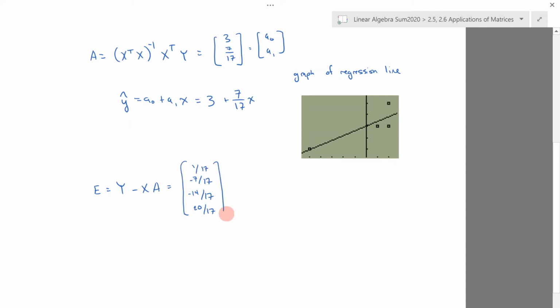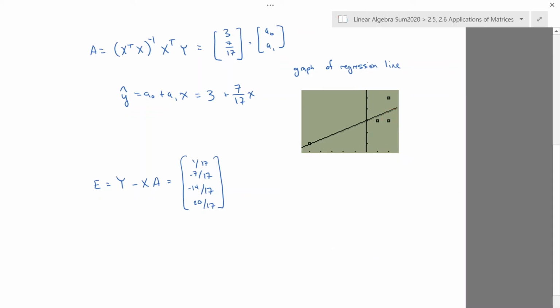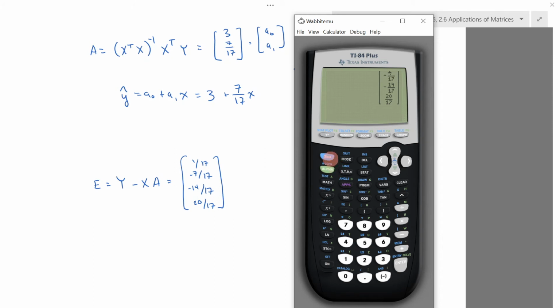So those are my errors, right? So for each of these 4 points, you see this one is mostly close, so it's 1 over 17. These two are below, so they're negative, and this one is kind of high above, so that's the biggest number, and it's positive. So that's the vertical distance for each of the 4 points. Let me store this in E for error.